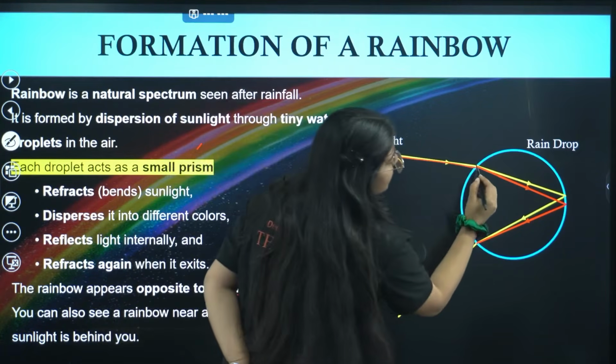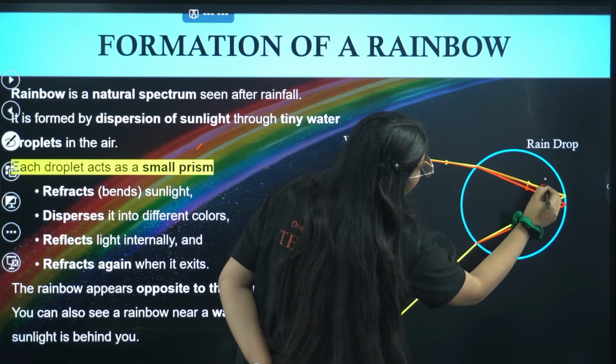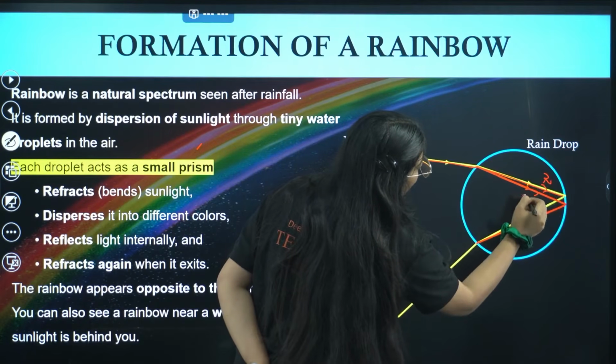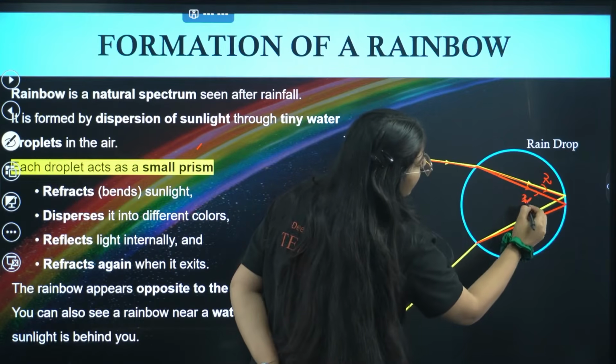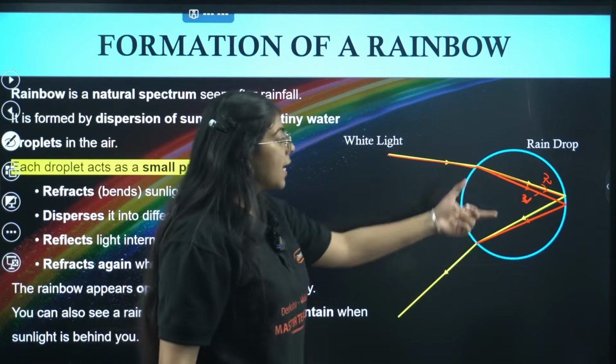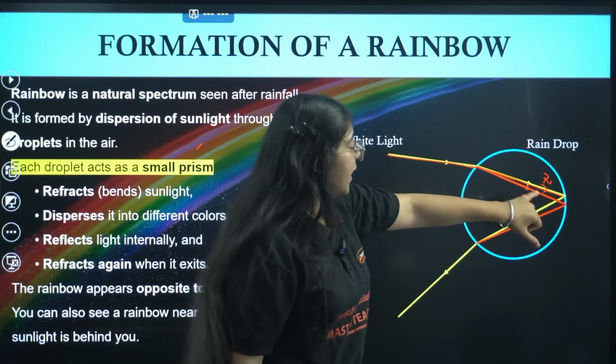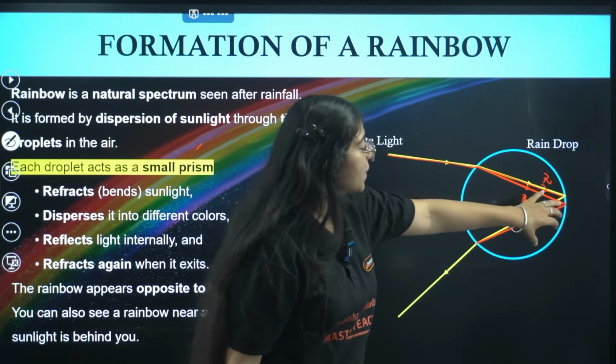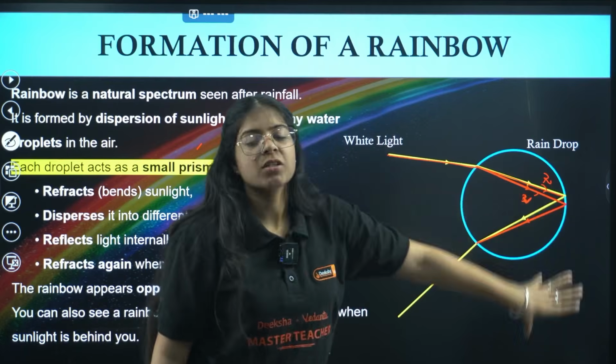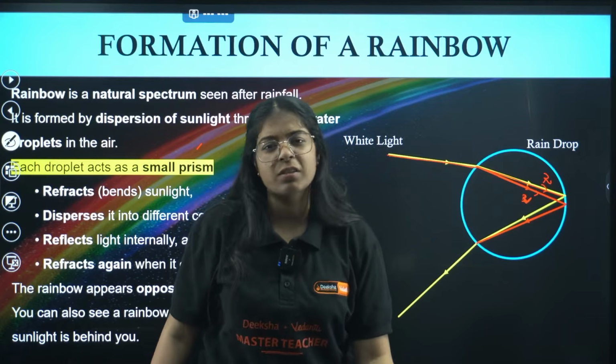So, this is our red light, and this will be our blue light, violet light. Then what happens? Inside that water droplet, total internal reflection happens. This is a thing you might have studied, or will study later.